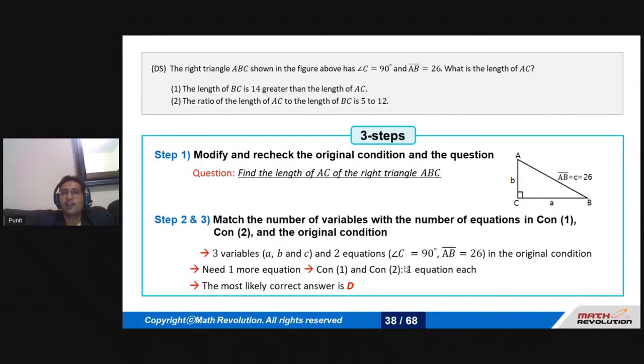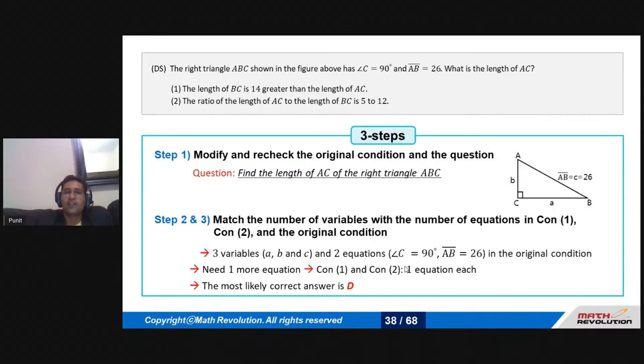We have to find the length of AC, which is supposed to be B. BC is considered to be A and AB is considered to be C, which is already 26. So we're dealing with three variables here, A, B, C, in which AB is already given and angle C is 90 degrees, that is also given. So we just need one more equation to solve. And if I need one more equation to solve, my possible answer looks like D, which gives me a hint that I have to check the conditions separately.